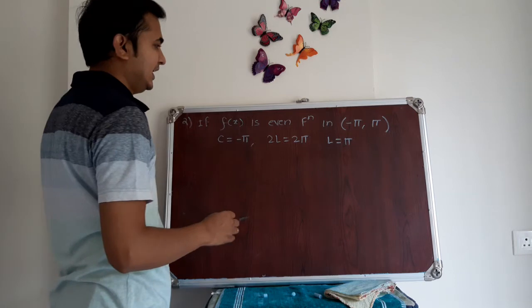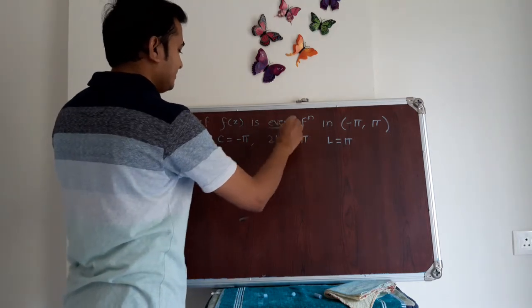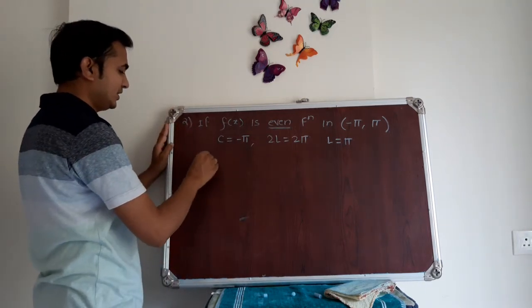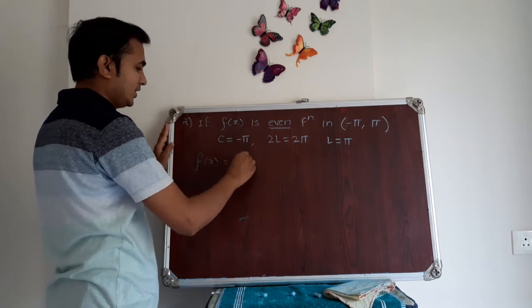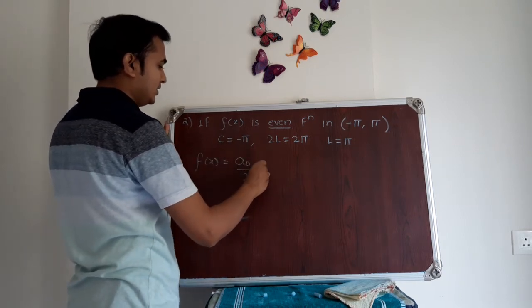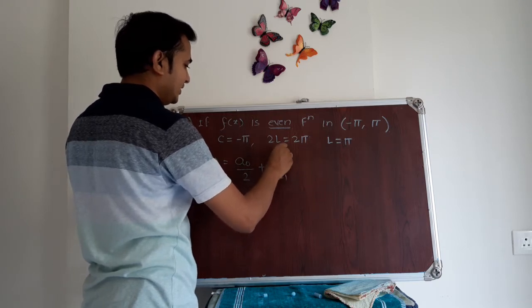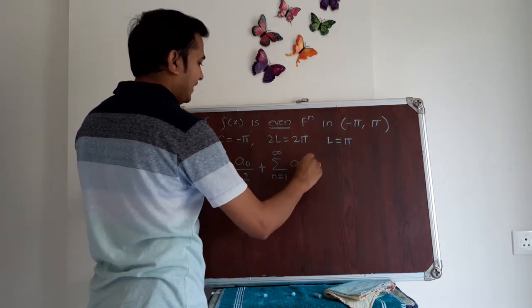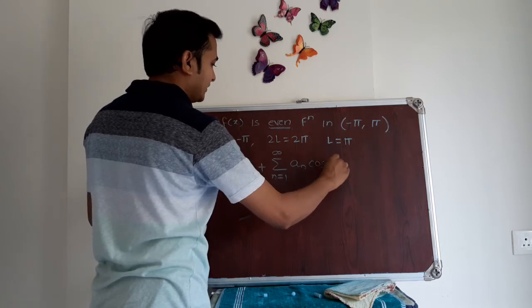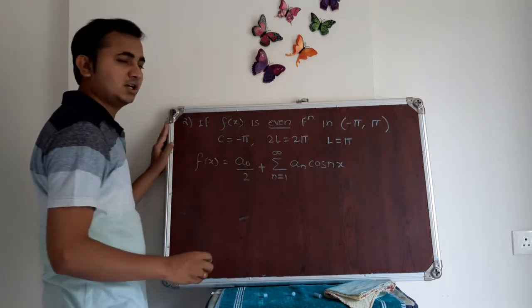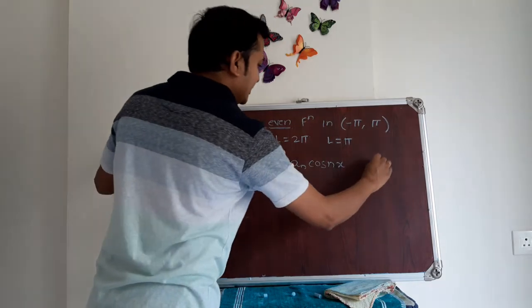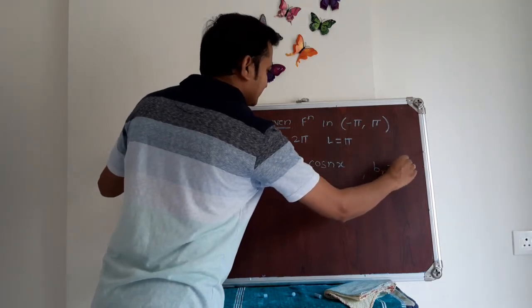In that case, the Fourier series is f of x is equal to a naught by 2 plus summation n running from 1 to infinity an cos nx, where bn is 0, that we have already seen.